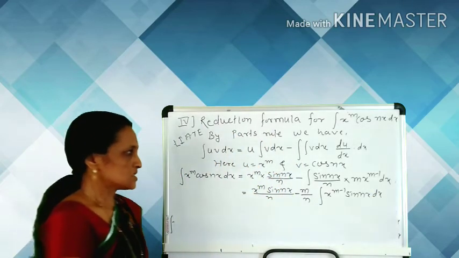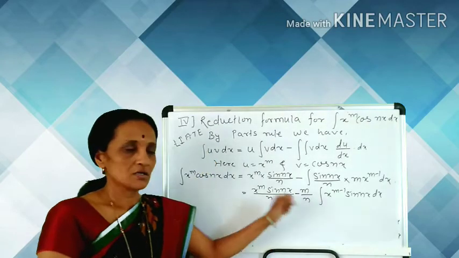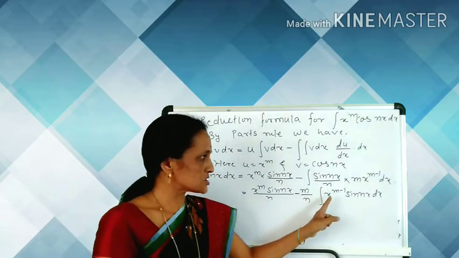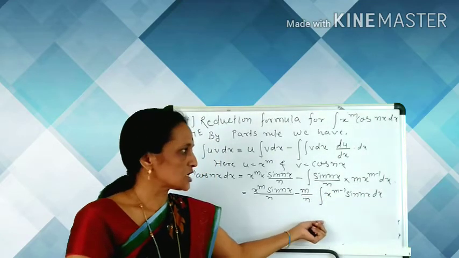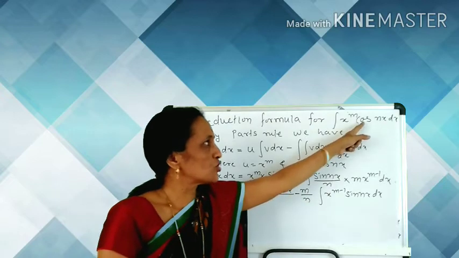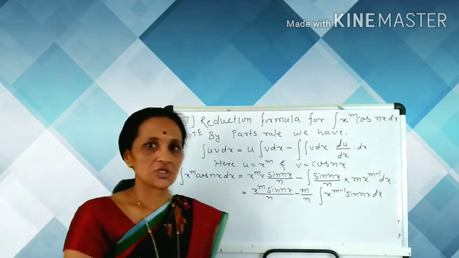Now see here, the integral on the RHS consists of two functions, one algebraic and another trigonometric, but in this case we have the sine function in this integral instead of the cosine.